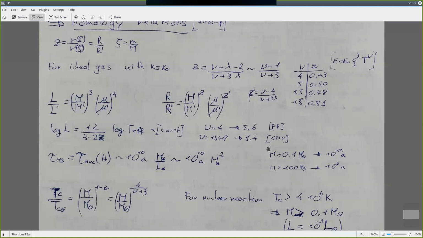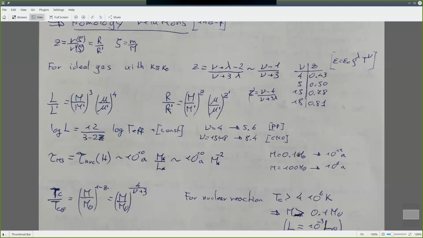So we got that the time on the main sequence for a really low mass, near the lowest mass, the minimum, 0.1 solar masses, is 10 to the 12 years. Just remember that the universe has an age of 10 to the 10.